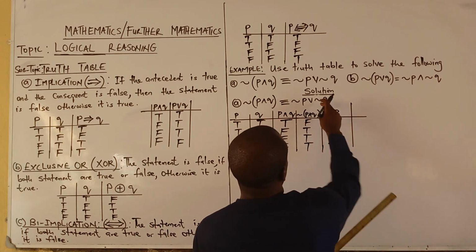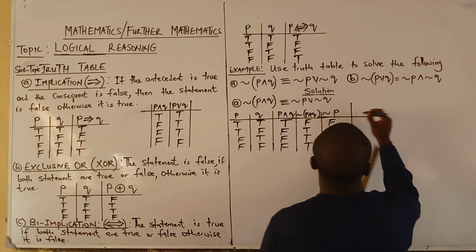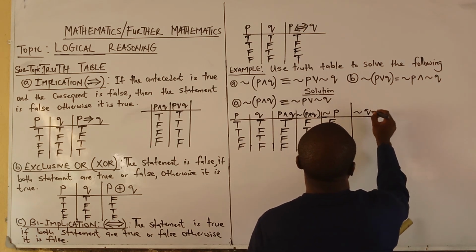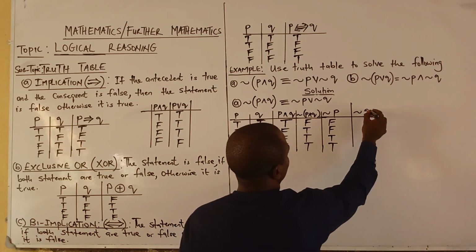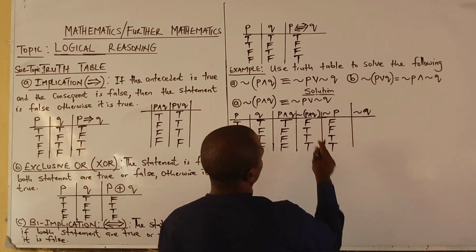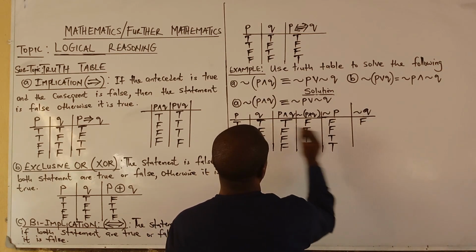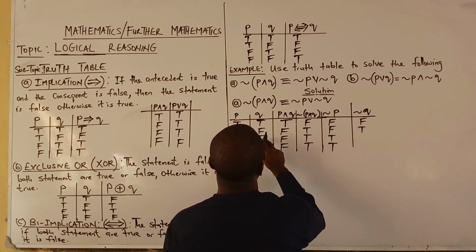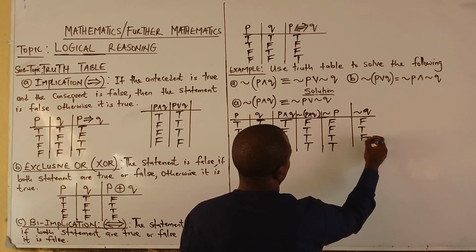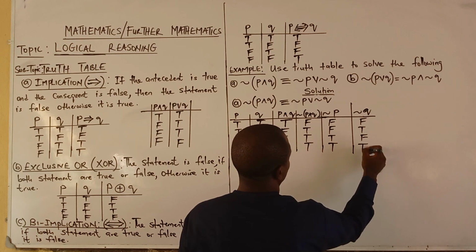Let's negate Q. When you negate this Q, you're having false true false true.